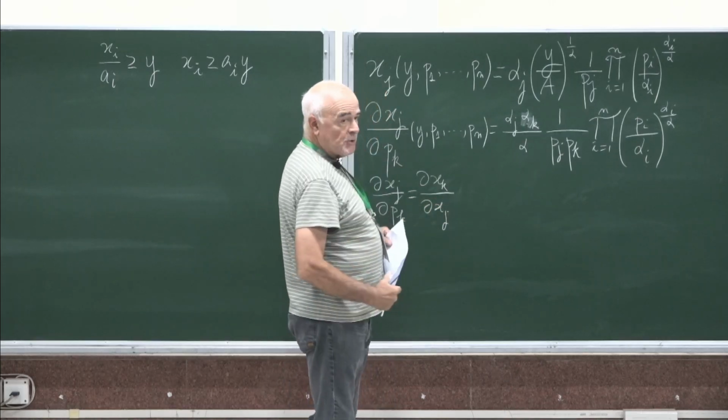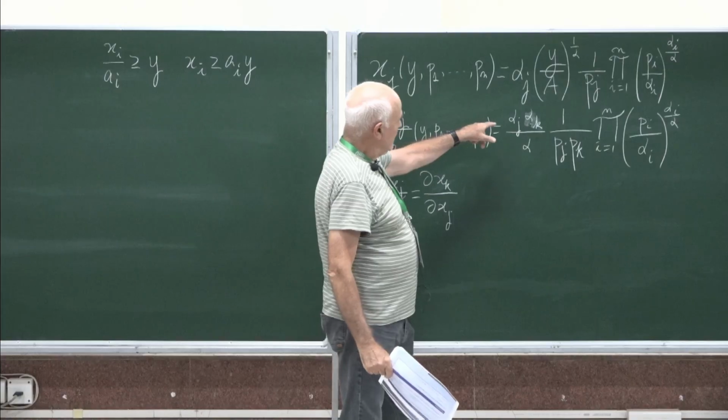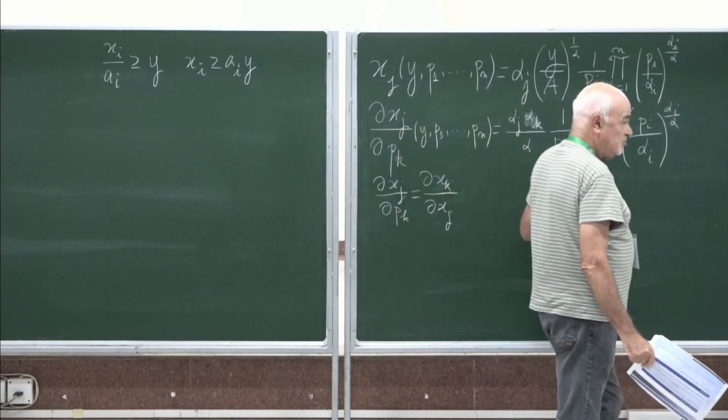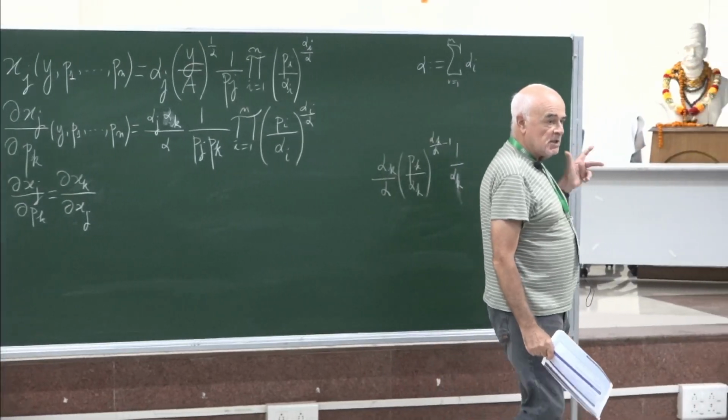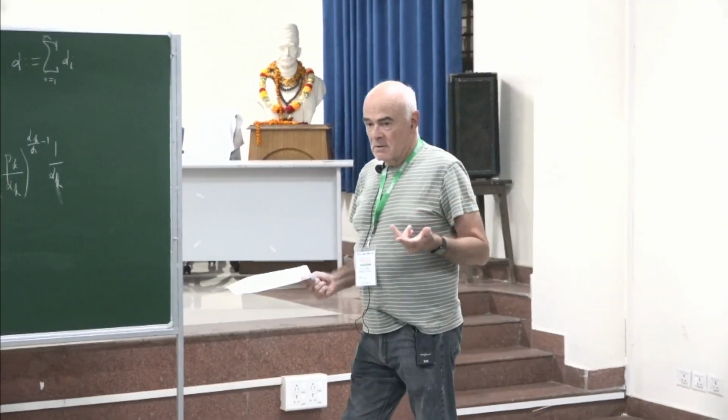But this expression is symmetric in j and k. You have alpha_j alpha_k, and you have p_j p_k. The dependence on j and k is only there. Okay, so it's true what we said.